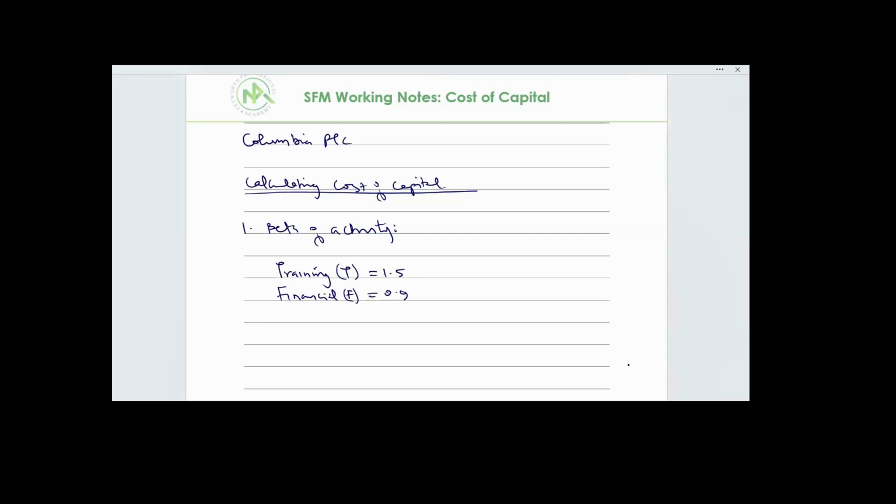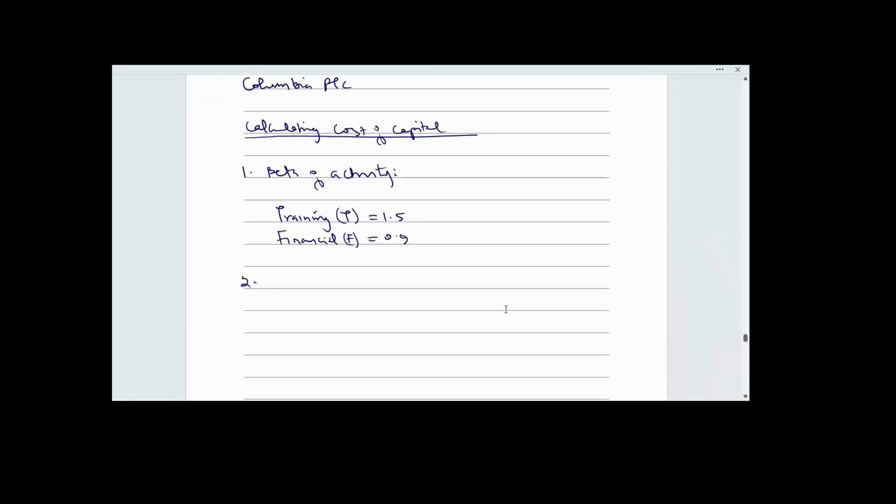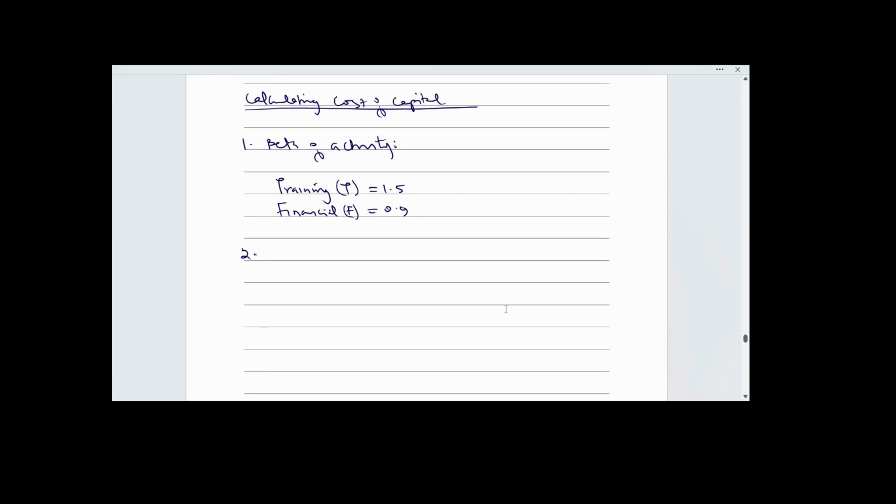So the next thing I need to do now is to ungear. If this 1.5 and 0.9 are geared, I will only ungear if I'm told in the question that training and financial service have debts. Our focus is on each of the activities, not on the company in this step 1 and 2.